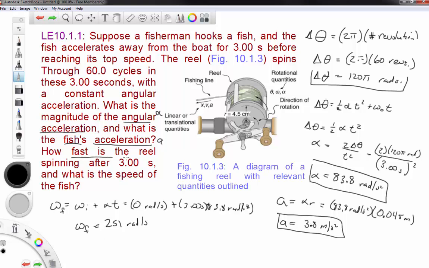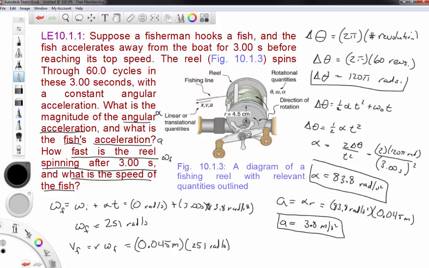All right, so we've got how fast the reel is spinning after 3 seconds. That is omega final. Now we want to know the speed of the fish. So v final should be r times omega final. So that should be 4.5 centimeters or 0.045 meters times this final angular speed, 251 radians per second.